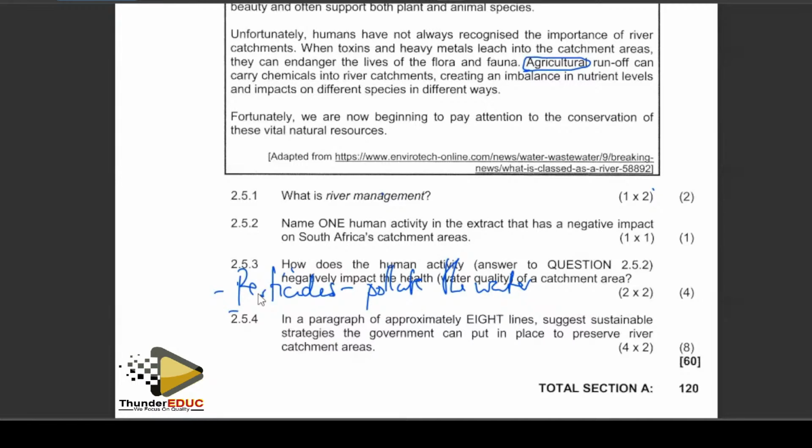Then the other threat from agriculture is that of fertilizers. Fertilizers are added by farmers to the soil to enrich the nutrients. The nutrients also get washed into the water bodies, and they will also affect the health and the water quality.